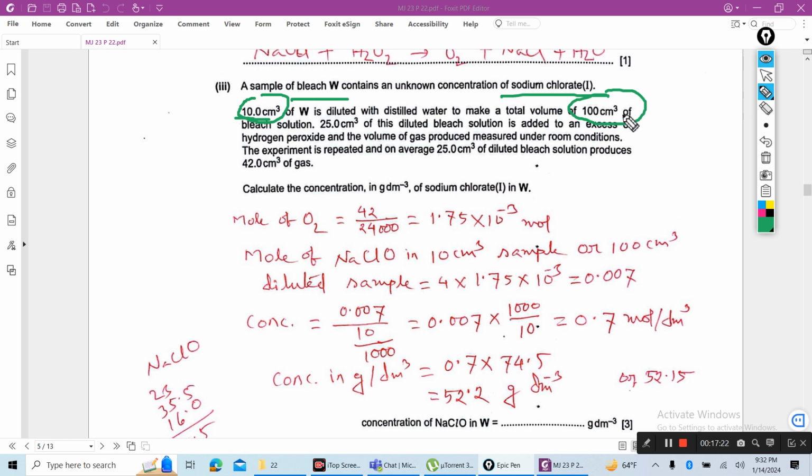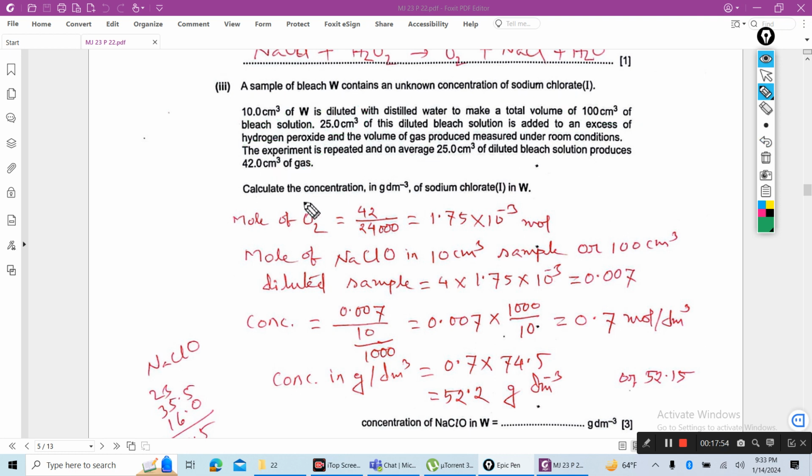It has been diluted 10 times. From this solution, 25 cm cube of dilute bleach solution is added to an excess of hydrogen peroxide, and the volume of gas produced is measured under room conditions. The experiment is repeated, and on average 25 cm cube of diluted bleach solution produces 40 cm cube of gas.